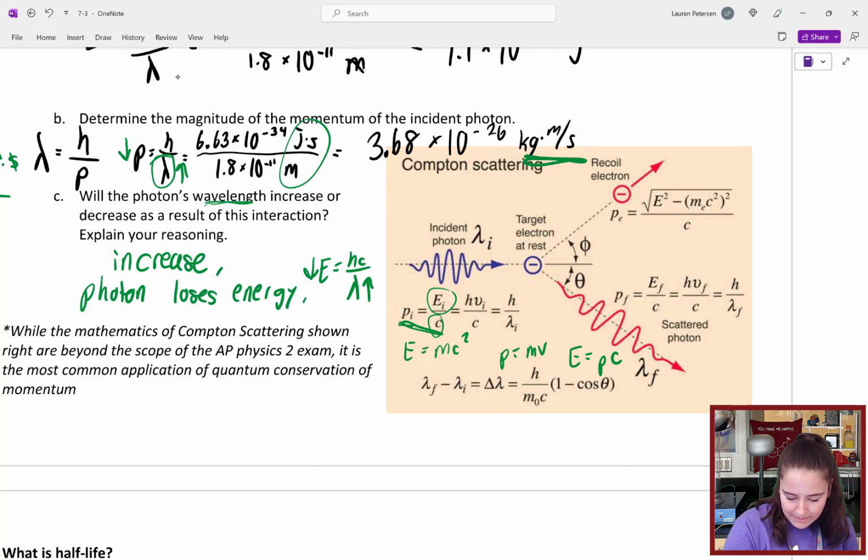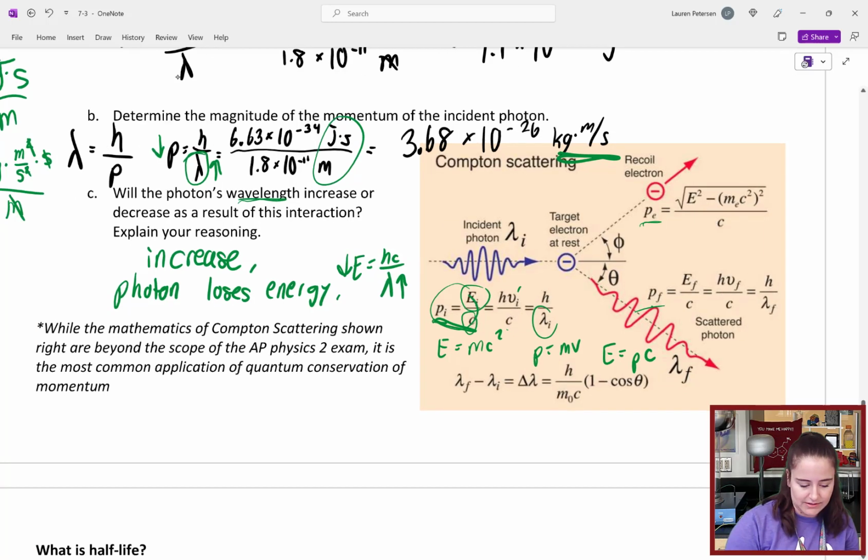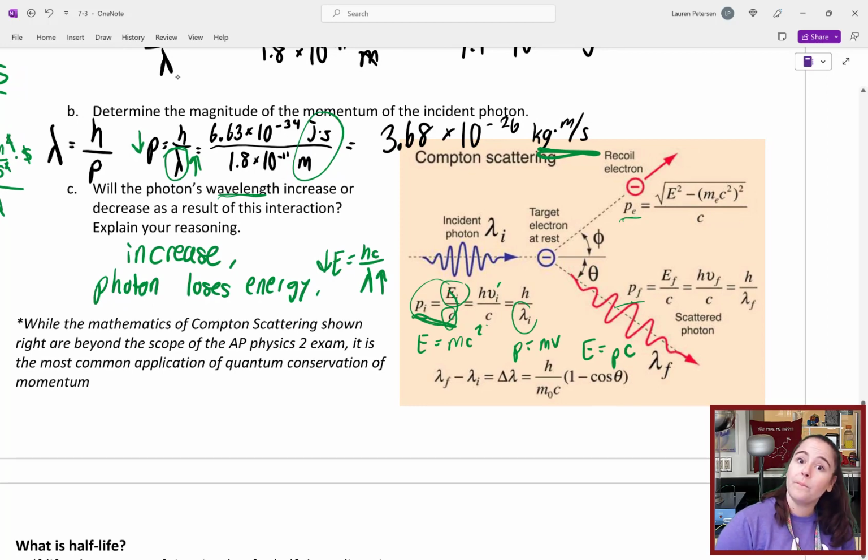That's where that part of the equation comes from. And then we have hc over lambda, hf over c, where that is f, frequency. And f over c equals the inverse of the wavelength. We could find the momentum of the electron and the momentum of the photon in those reactions. And remember, it's conservation of momentum.